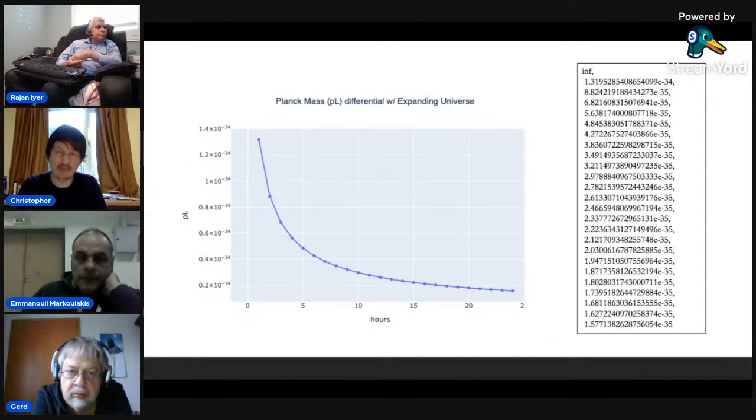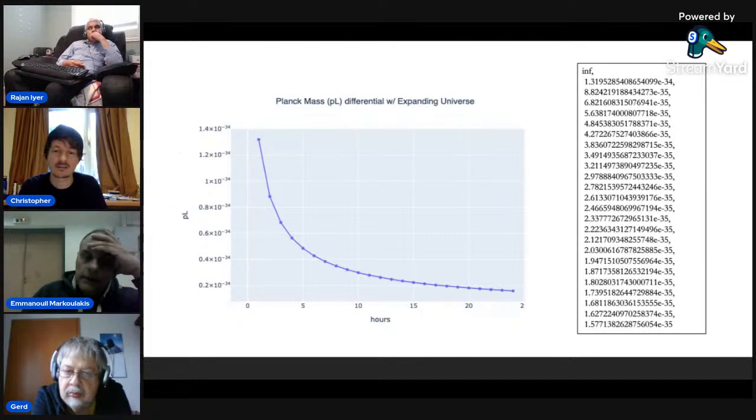But this is obviously a very small change in the Planck length, and I'm not sure if it would have too much effect on the physics of the universe, especially in the early days. But maybe that's debatable.